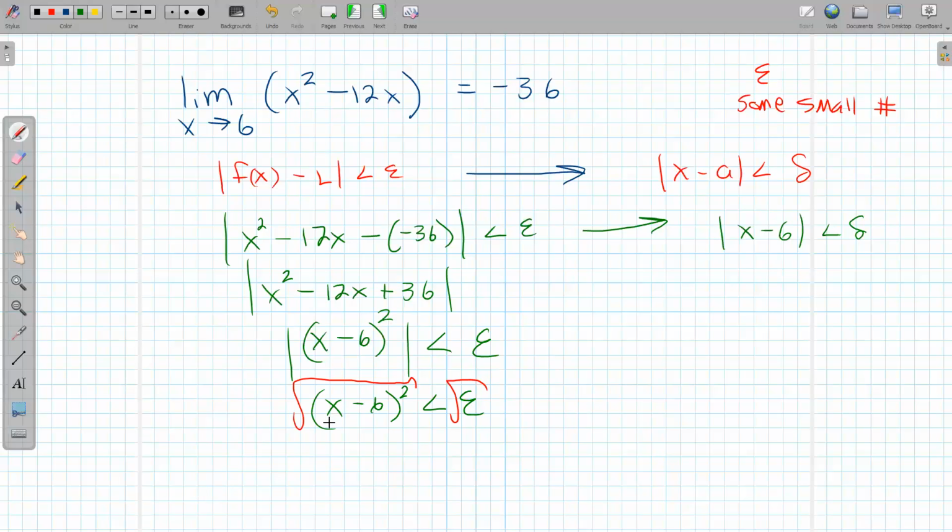What's the square root of x minus 6 squared? Kelsey says x minus 6. You are so close. It's almost x minus 6. There's a slight tweak we have to make. So close.